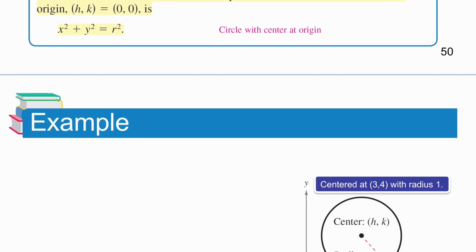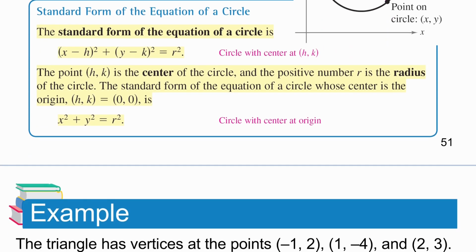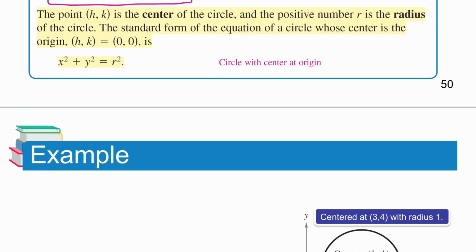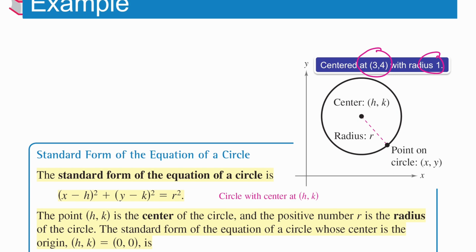So, for instance, if you're given a problem, let's suppose I wanted a circle that is centered at (3, 4) with a radius of 1. Well, I would use my formula, and my h would be 3, my k would be 4, and my r would be 1.